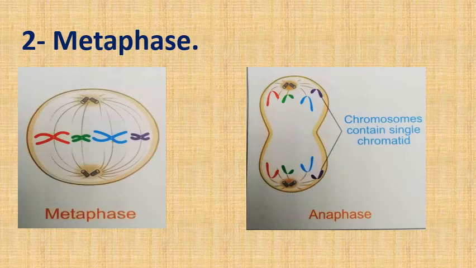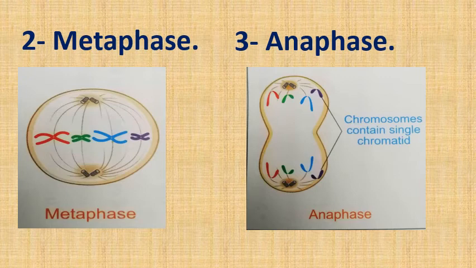Okay, the next phase is called anaphase. Now, what happens to the chromosome? They change to be chromatid only.